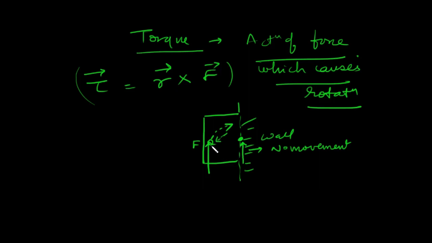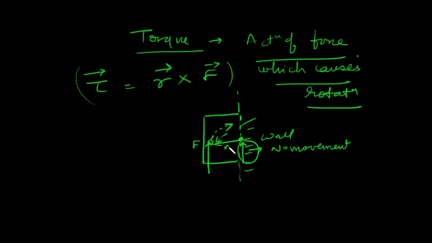This is because force is being applied at some distance. Here there is no distance from the hinge. So the axis from where the body is supposed to rotate has to have some distance.